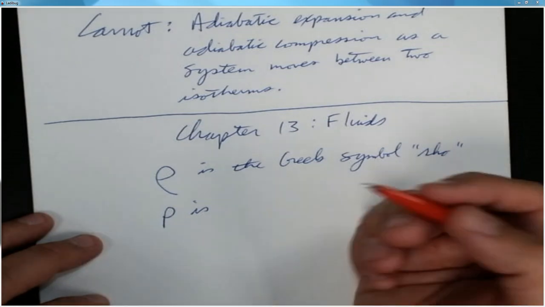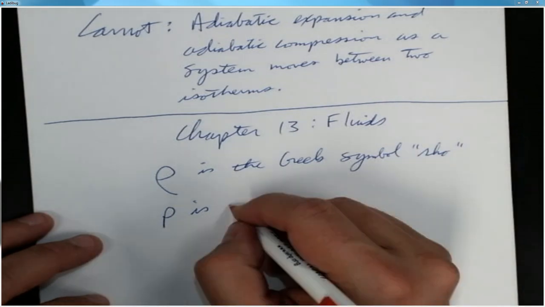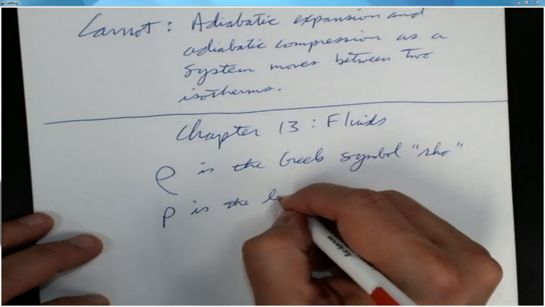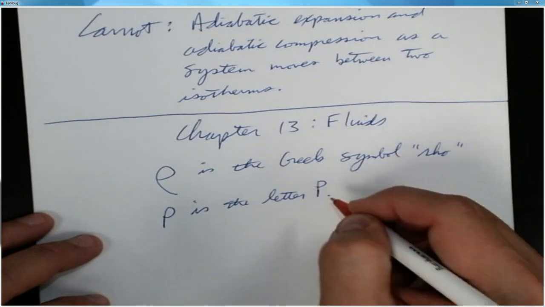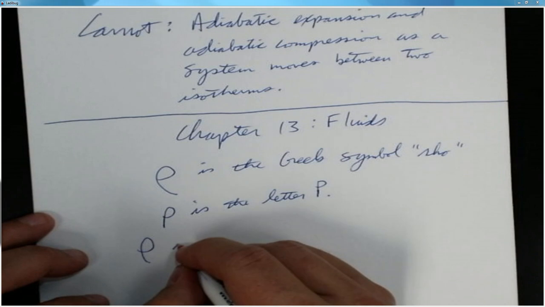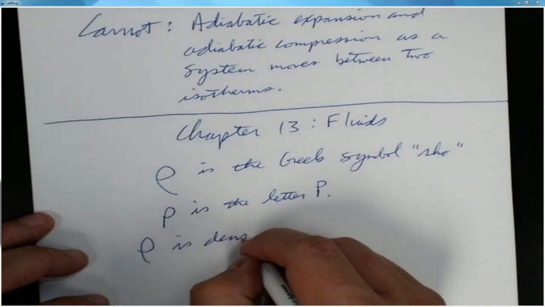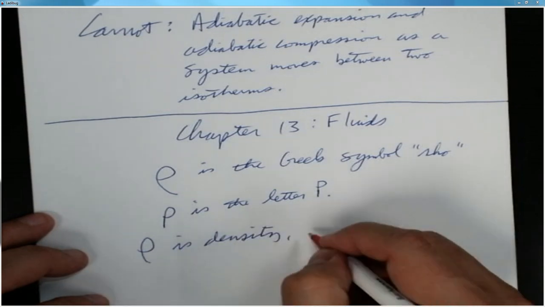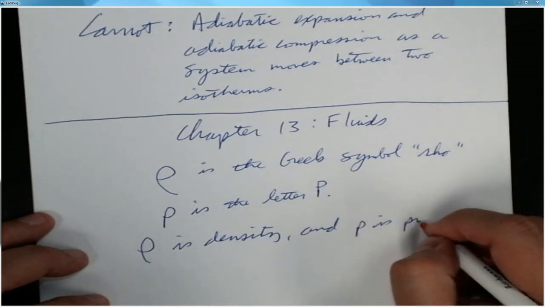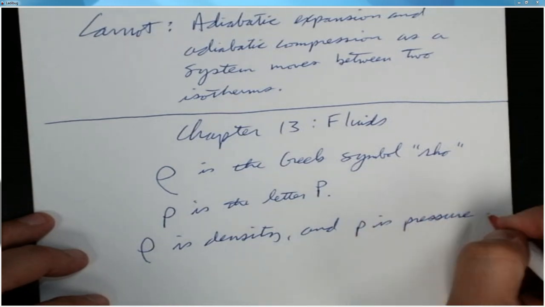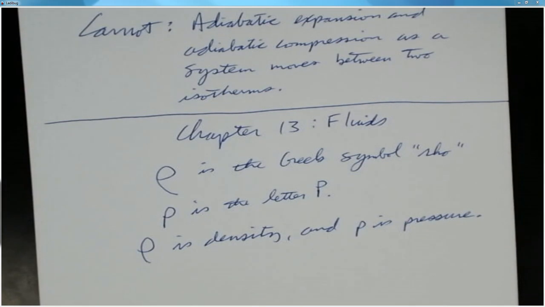Rho is density and P is pressure. This is going to be a pain for you because I'm going to be using rho and P all together at the same time.